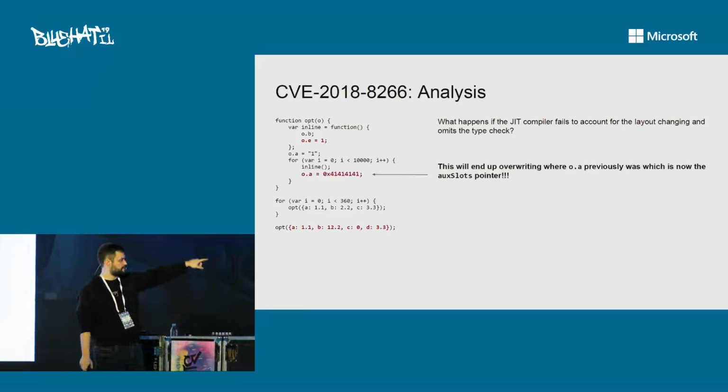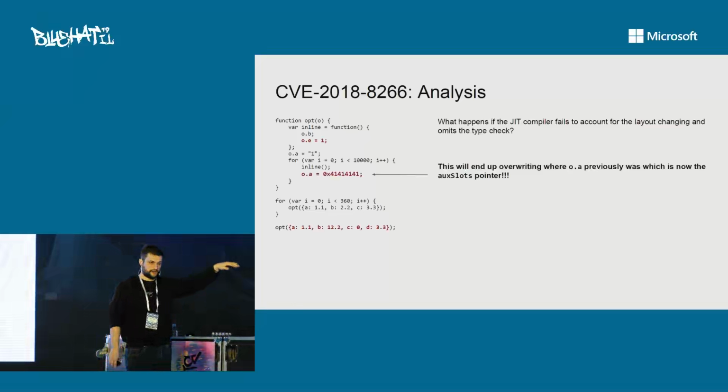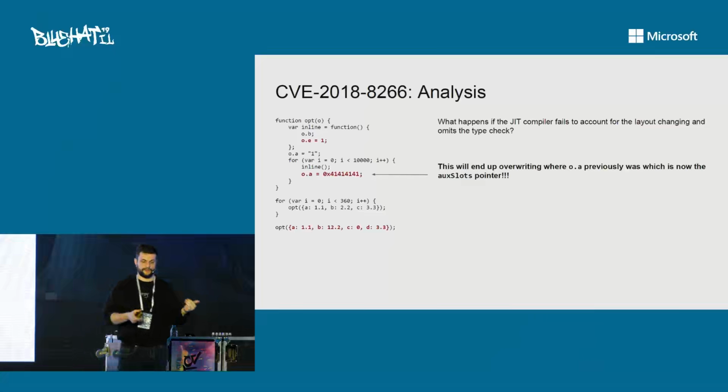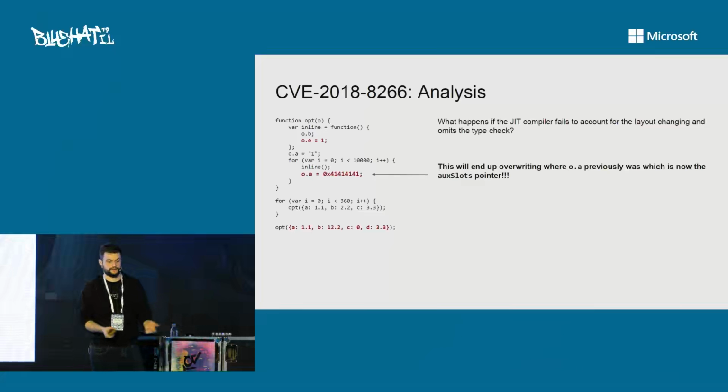Well, when we come back from the function, after we change the layout of the object, this will just write at a direct offset in memory, as we've seen in the example. And that will write where O.A previously was, which is where the slots pointer now is. So this is basically the bug in a nutshell and why we observe the crash.